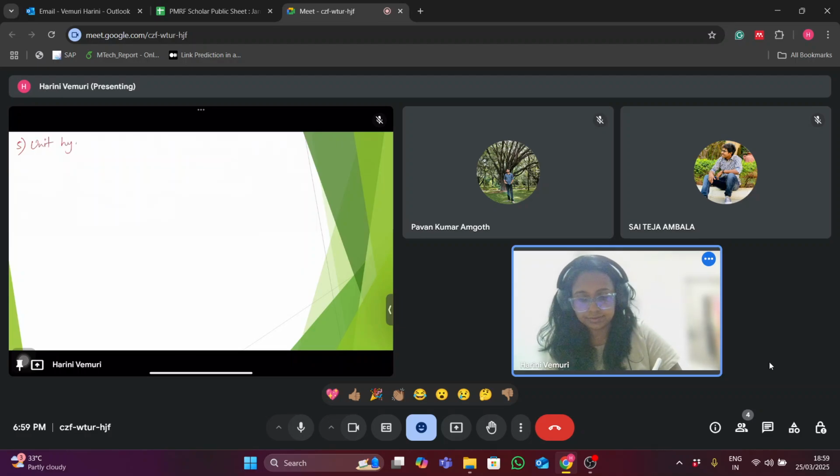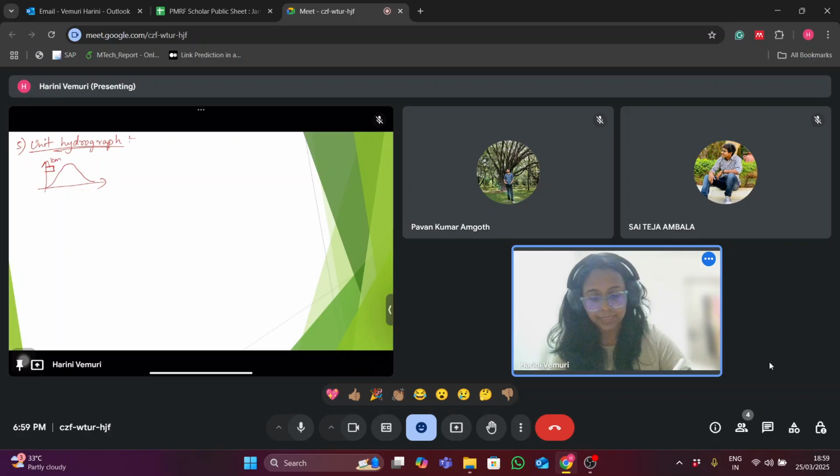unit hydrograph. So if you remember, a unit hydrograph is the hydrograph for a 1 centimeter excess rainfall. Okay. So from this, the peak flood value can be obtained, right?